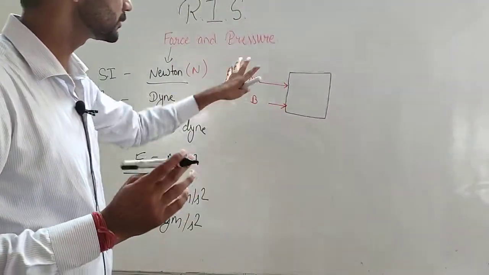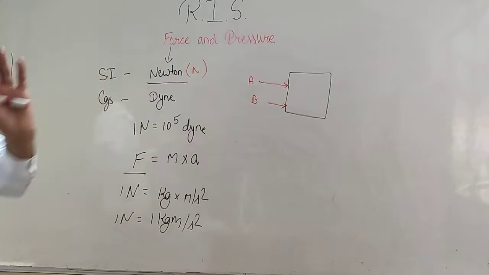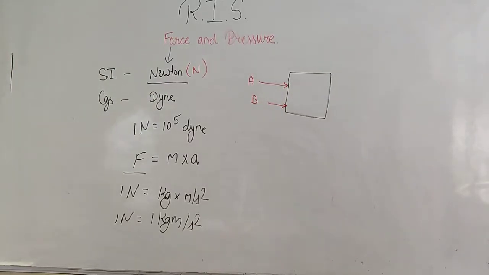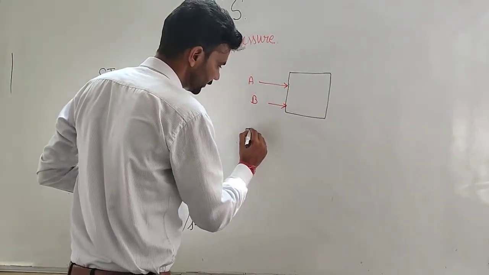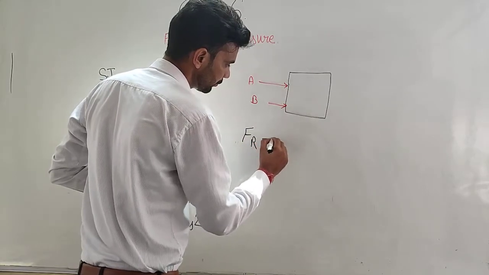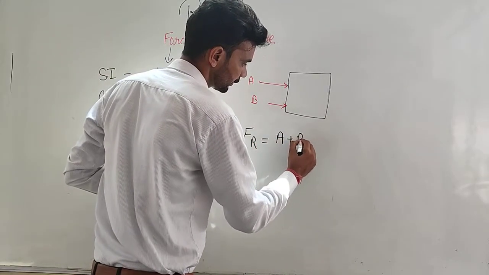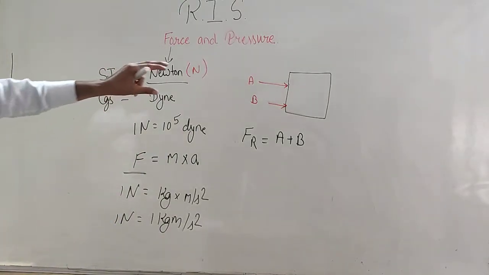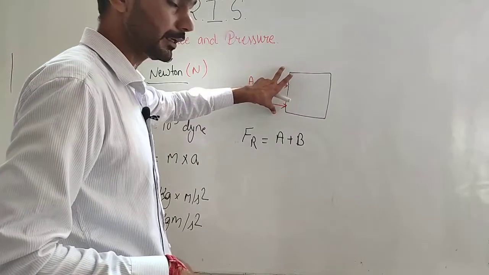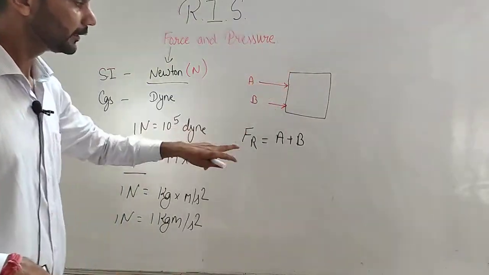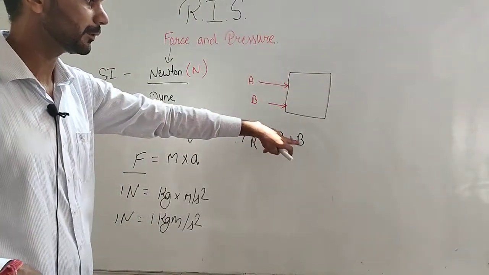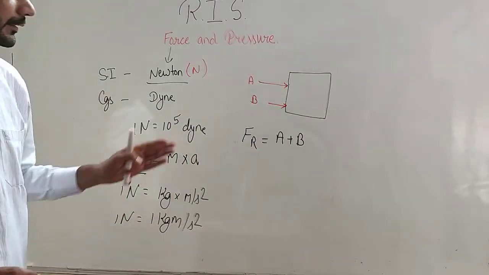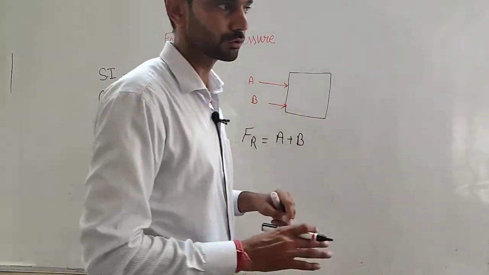Resultant force means the total force which is exerted on this object. So resultant force will be the sum of all the forces. If you want to find the resultant force on this object, then it will be force A plus force B. This is also known as addition of force.